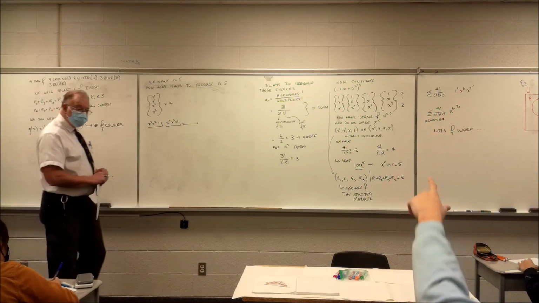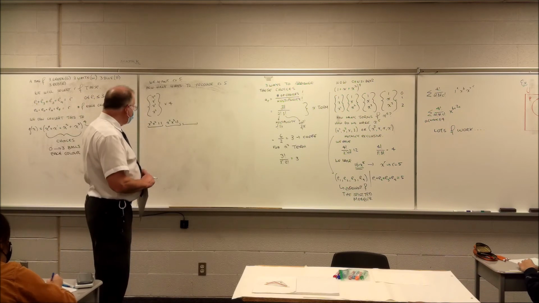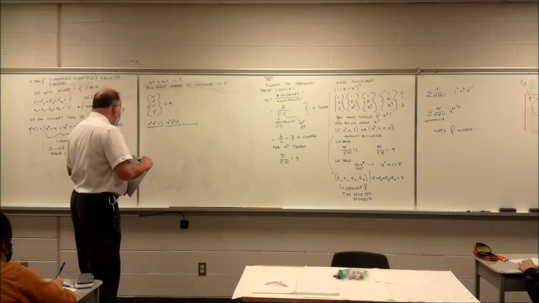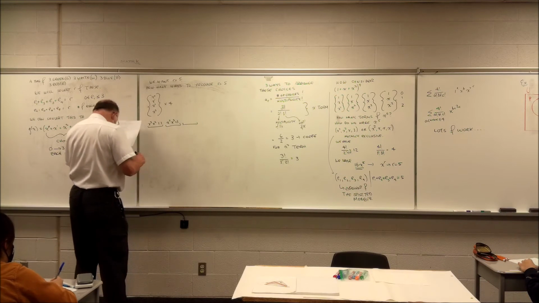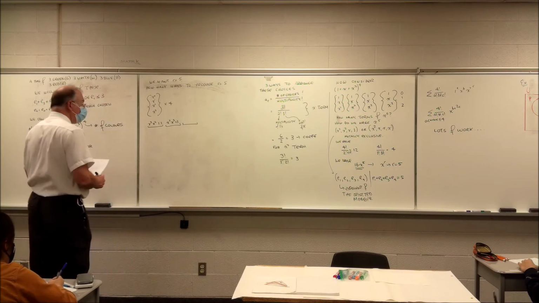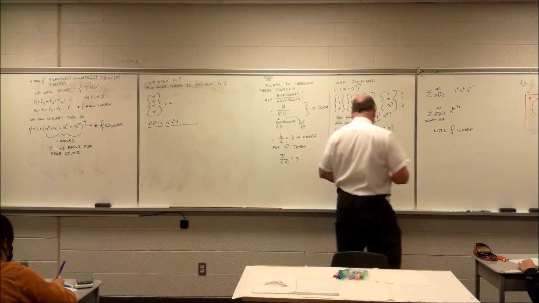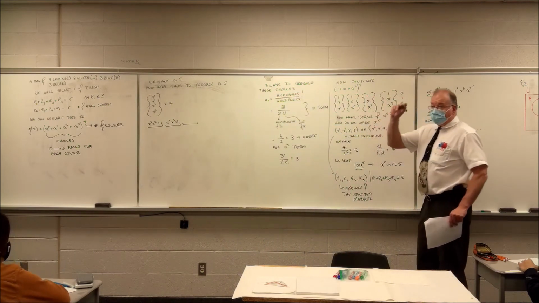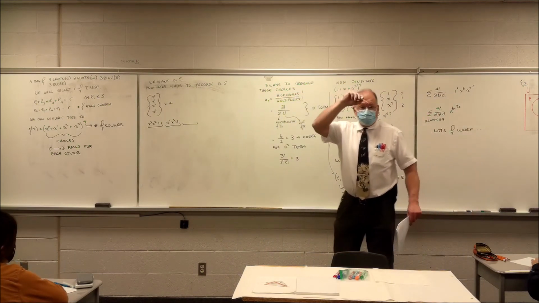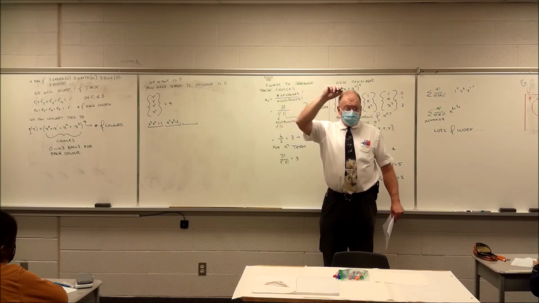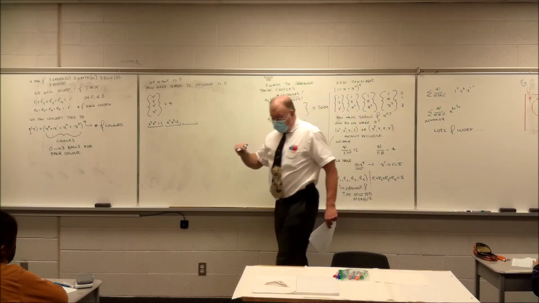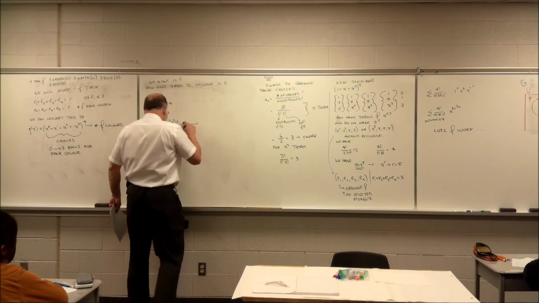Yes, sir? With the x squared, x cubed, would that be the same? That's an interesting question. I don't think so. It's a different option. The same way we had here, you had 1, 1, x, x, 1, x, you know what I mean? There are different orientations, they all matter. So this can take a while.